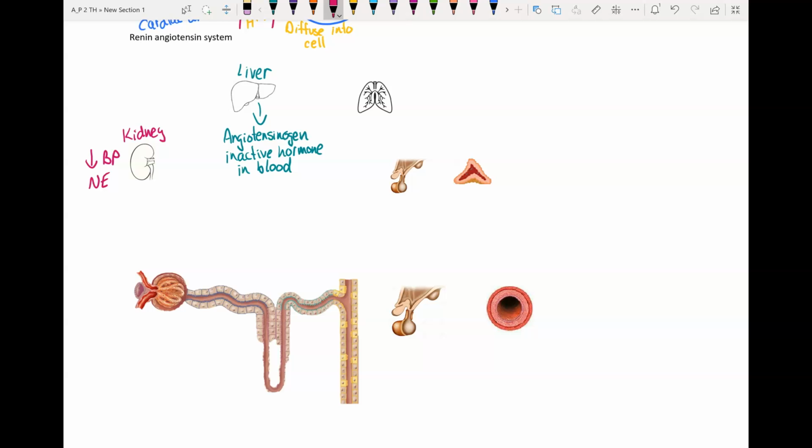Either one, a drop in blood pressure or norepinephrine, will cause the kidney to secrete renin. Renin is an enzyme. And renin converts angiotensinogen to angiotensin 1.